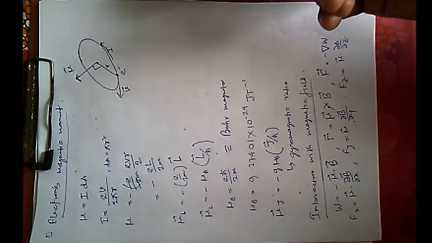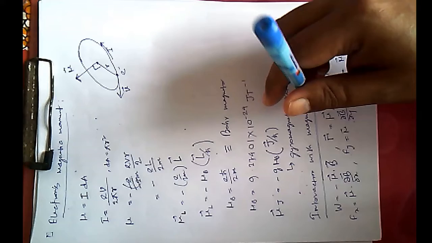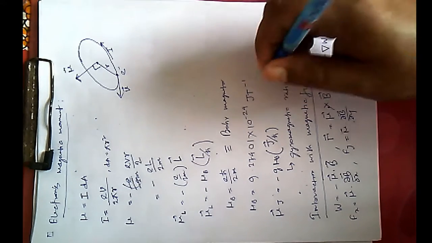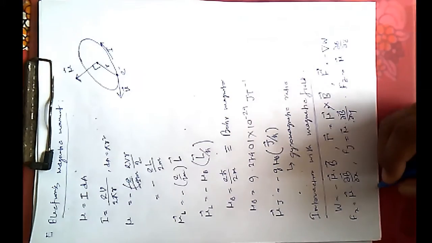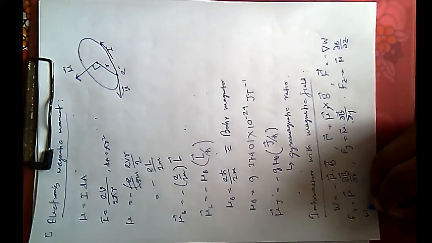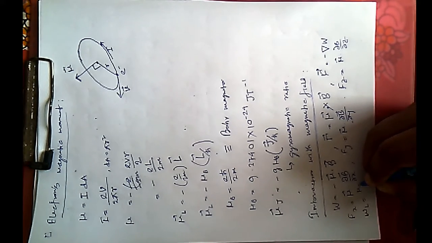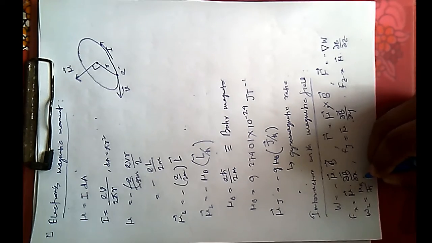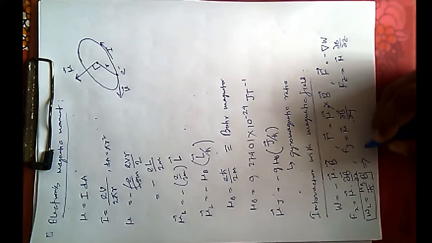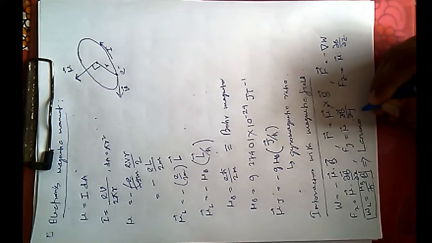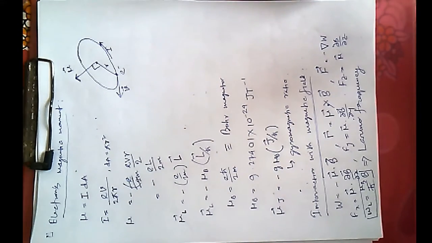This magnetic moment will precess with a particular constant frequency, and that frequency is called the Larmor frequency, mu_B B by h-bar.